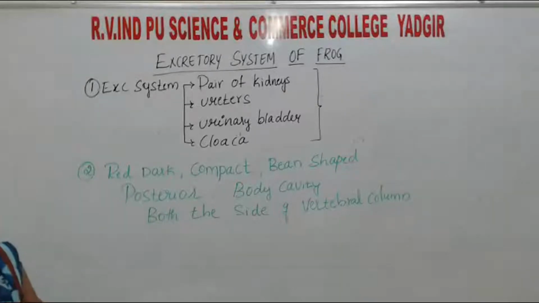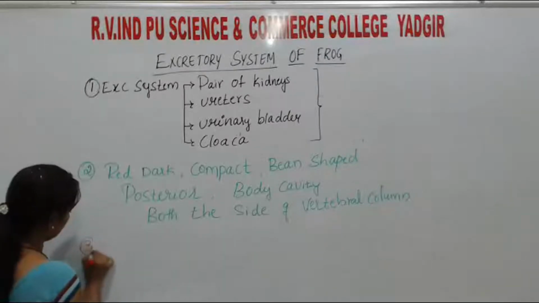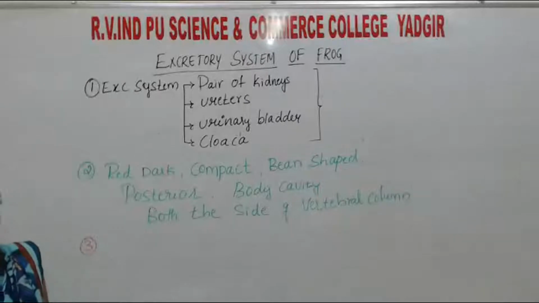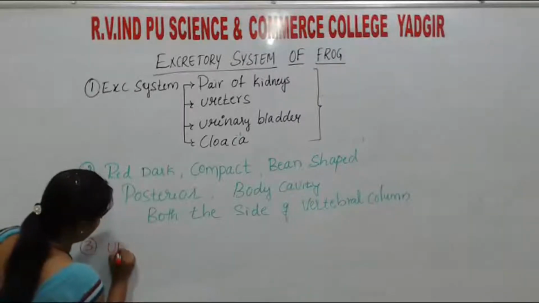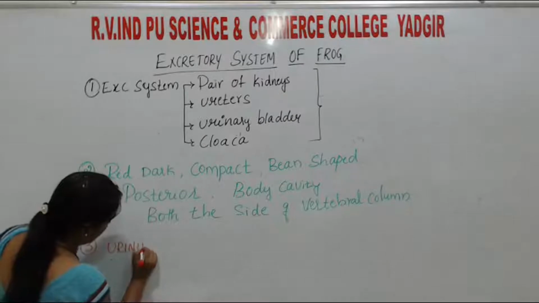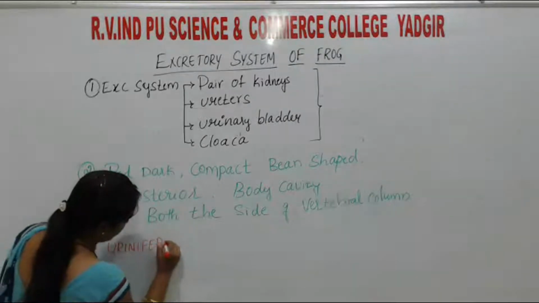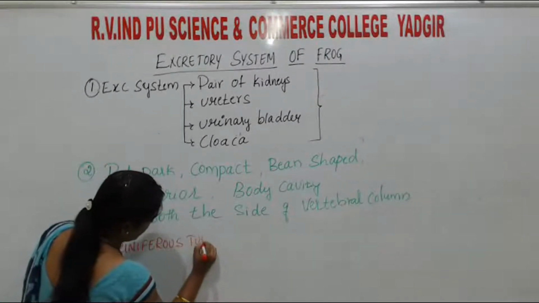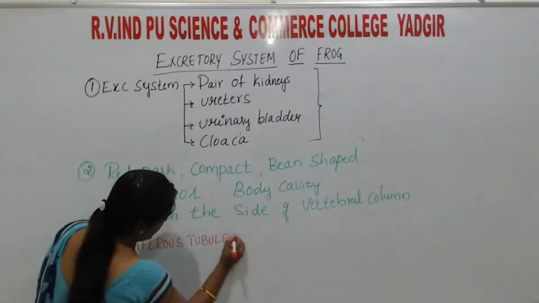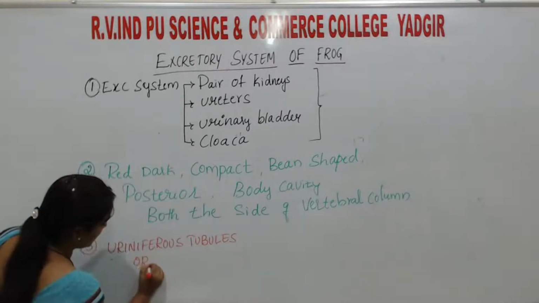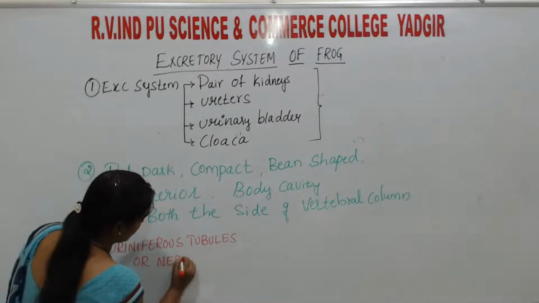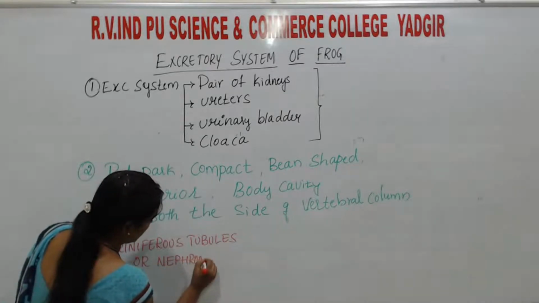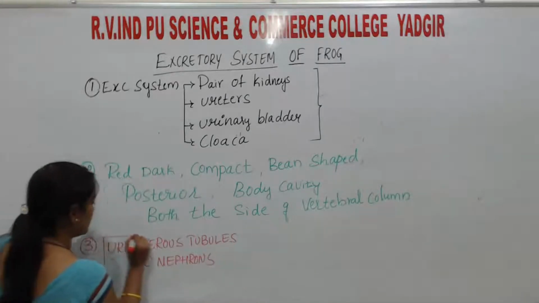Next, in the third point, each kidney has several structural and functional units, which are called uriniferous tubules or nephrons.